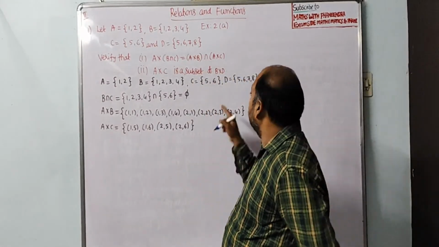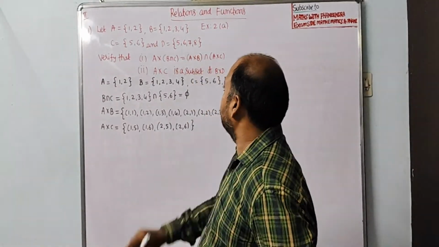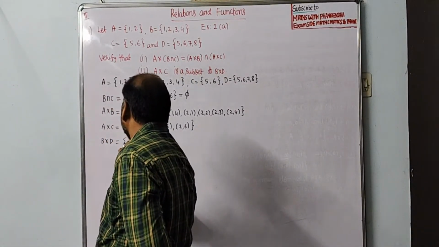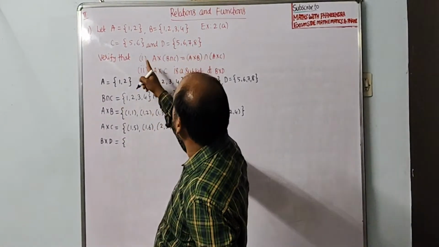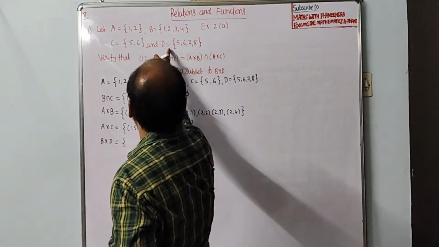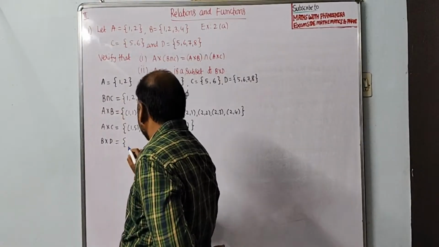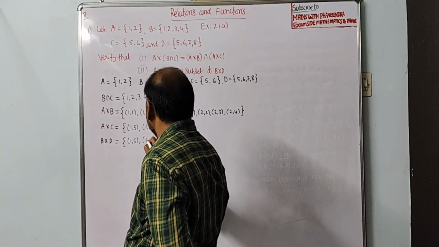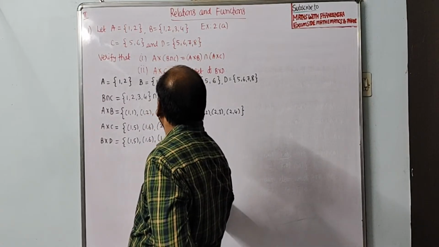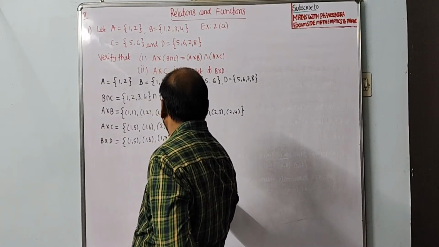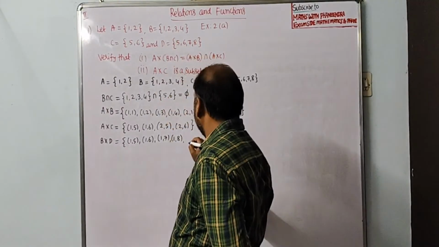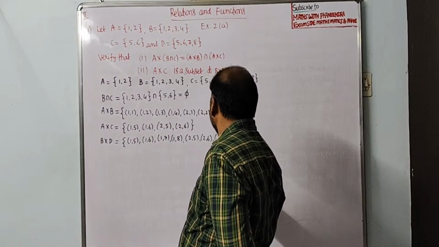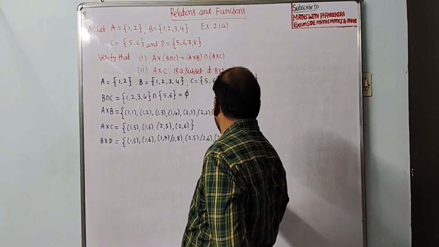Now next, B cross D also calculate, dear students. After that we will verify. So B cross D means B set and D set: (1, 5), (1, 6), next (1, 7), (1, 8), (2, 5), (2, 6), (2, 7), (2, 8).